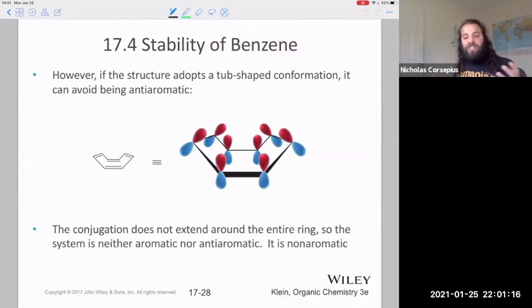It actually distorts its shape so that now these p orbitals are no longer sitting in a line, no longer conjugated. This is just a random fun fact about this particular molecule, that it adopts this tube-shaped conformation.